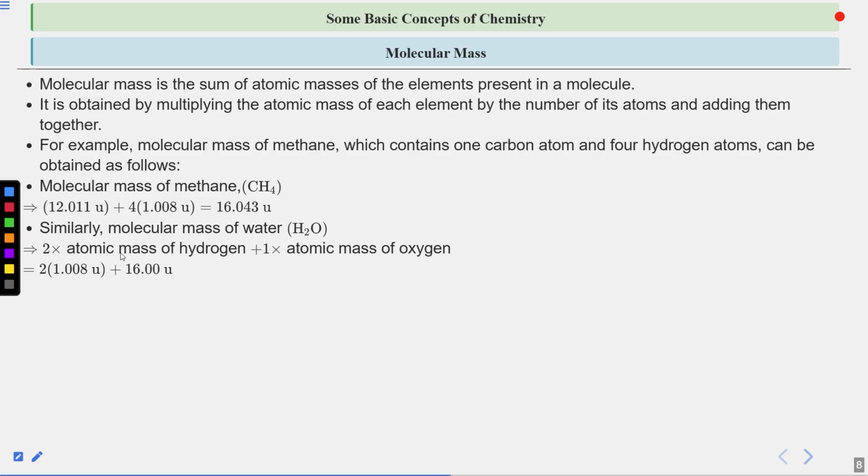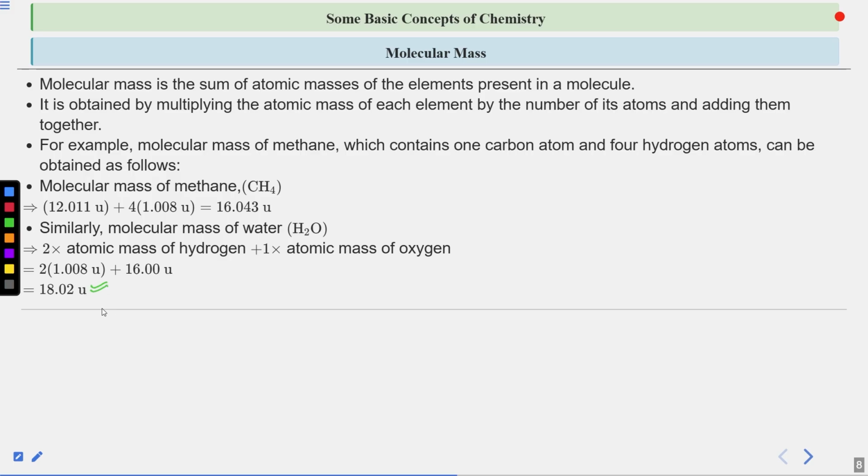The atomic mass of hydrogen was calculated earlier. It is 1.008 U. And this is also calculated, so 1 multiplied by something will give you the same thing, 16.00 U. If you do this summation, again you will get the molecular mass of water, which is 18.02 U.